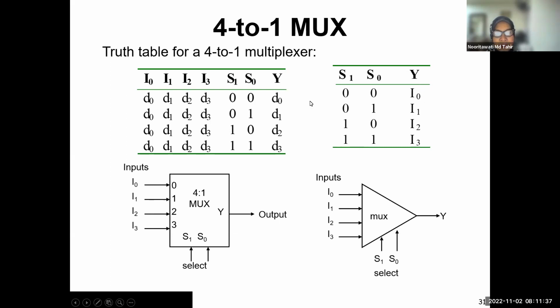In this case, input 0 is D0, so the output will receive D0, whatever its value, 0 or 1. Next, for 0 1, the Y output will receive input 1; for 1 0, input 2; and for 1 1, input 3. The value of input 0, input 1, input 2, and input 3 depends on the values here, to be sent to the respective output based on the selection of the select lines.